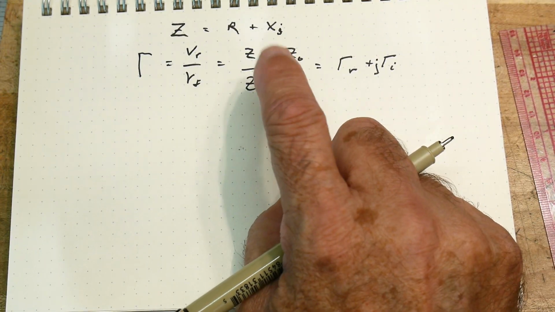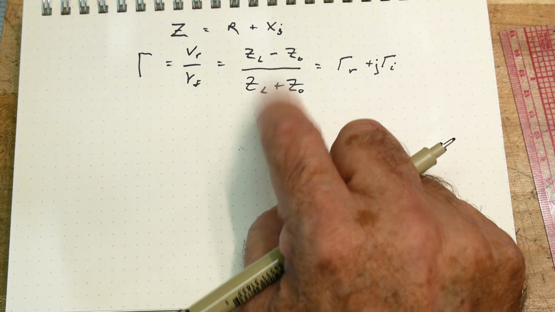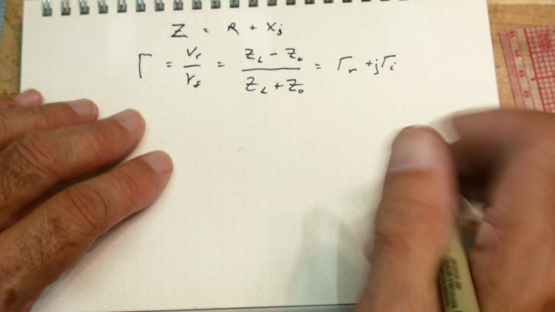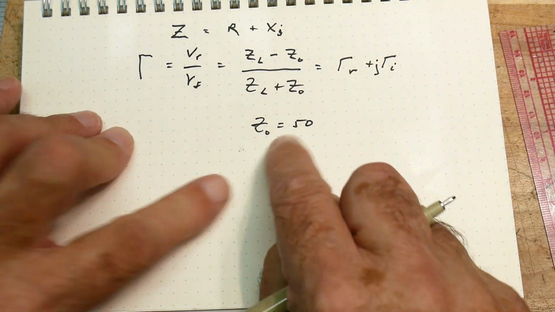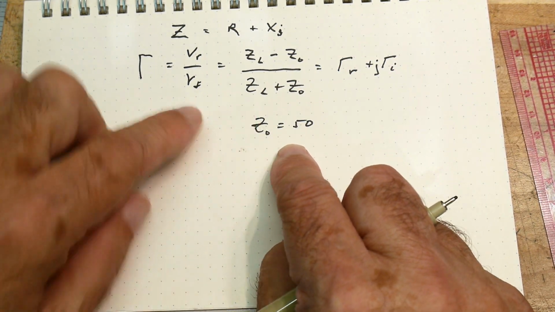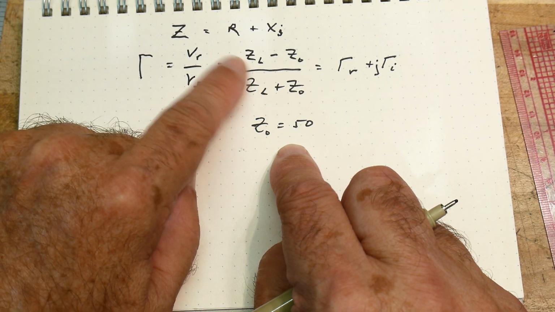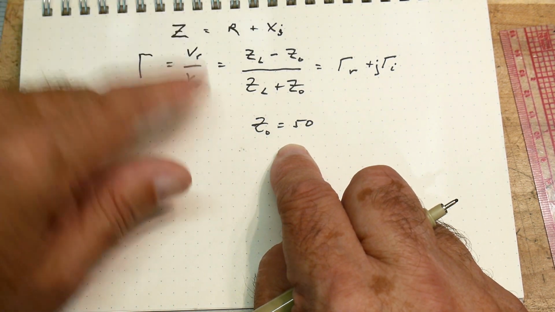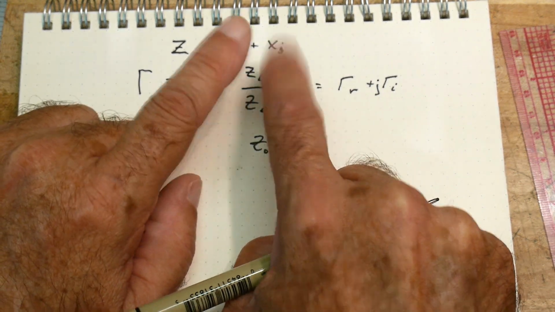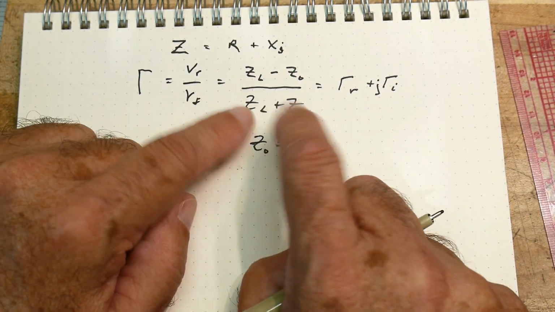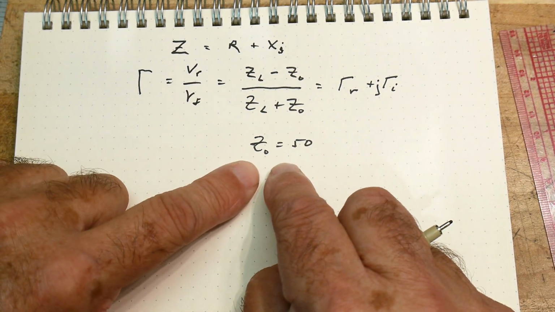So this equation then says, okay, well, if Z0, our target Z0, is 50 ohms, and then we want our load, our antenna, to be 50 ohms too, because then we have 50 minus 50, that's 0, right? Doesn't matter what's on the bottom, 50 minus 50 is 0.